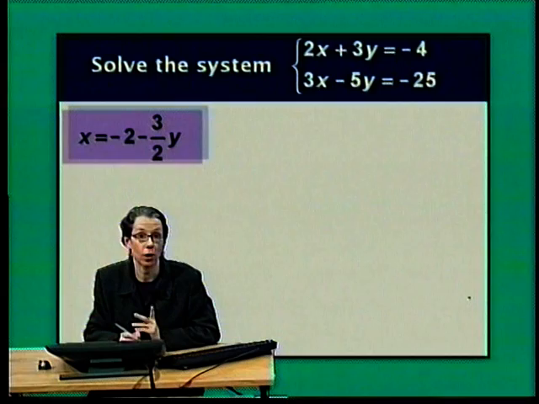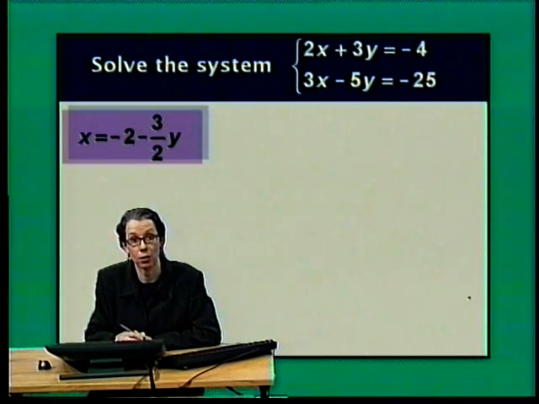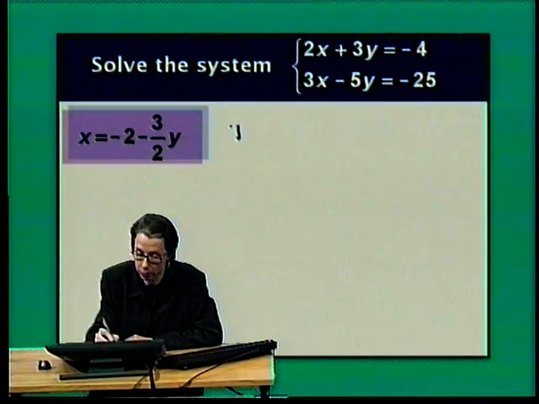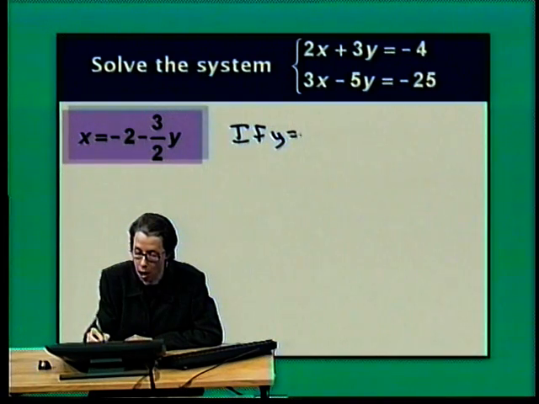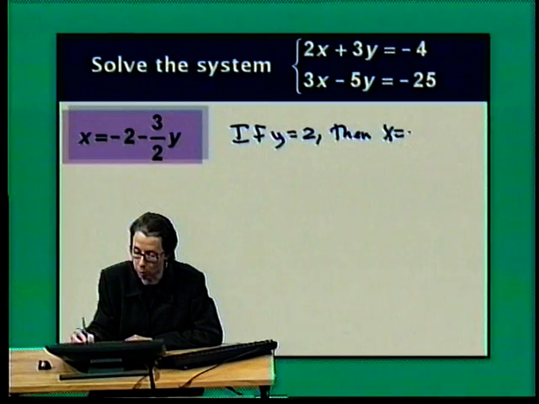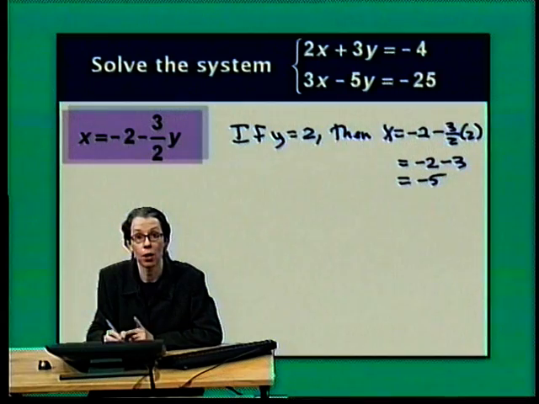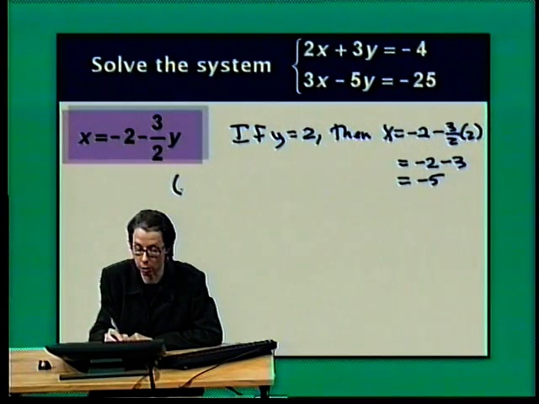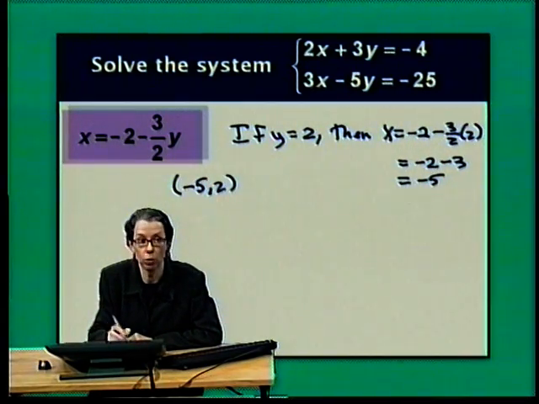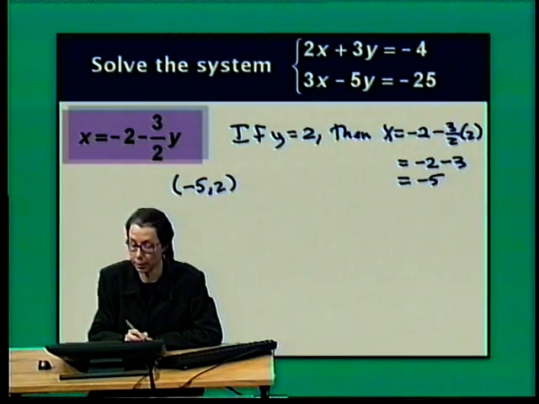I'm going to use the expression that I substituted into the second equation. So if y equals 2, then x equals negative 2 minus 3 halves y, which is negative 2 minus 3, which is negative 5. So I have a proposed solution. My proposed solution is the ordered pair negative 5, 2. Let's see if it checks.